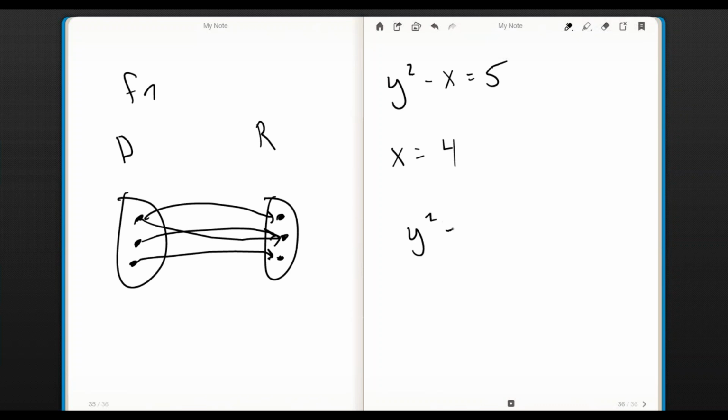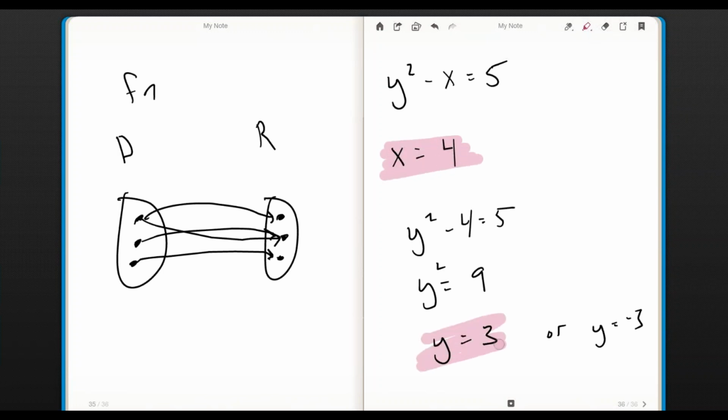So I have y squared minus 4 equals 5. y squared equals 9. That means that y could be 3 or y could be negative 3. So if you have one number in your domain, you get two options in your range. Why did I get two options? Because y is squared.